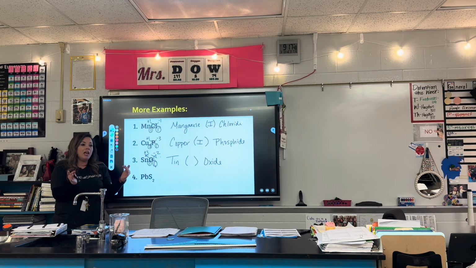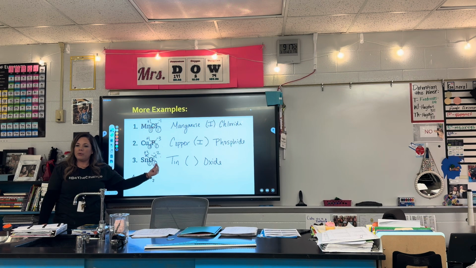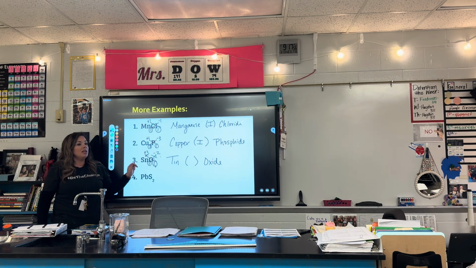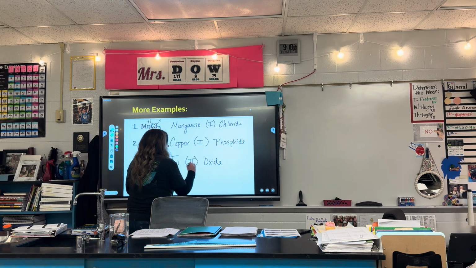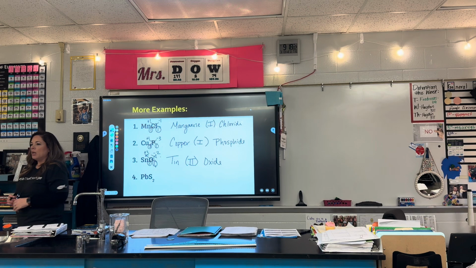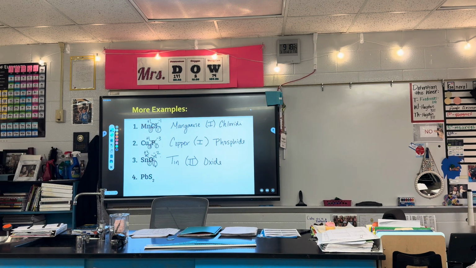They were canceled and reduced to 1s, which is why it became an SnO. So that's why we always gotta check our non-metal. So what is the charge of tin? 2. Tin 2 oxide. Does that make sense? So whatever you have to do to one to get it back to its original charge, you have to also do to your metal.